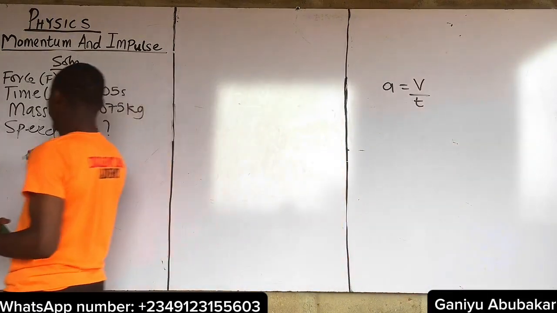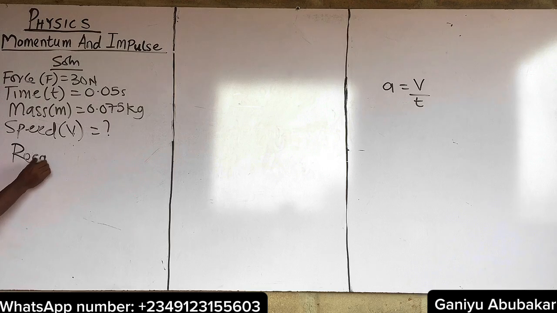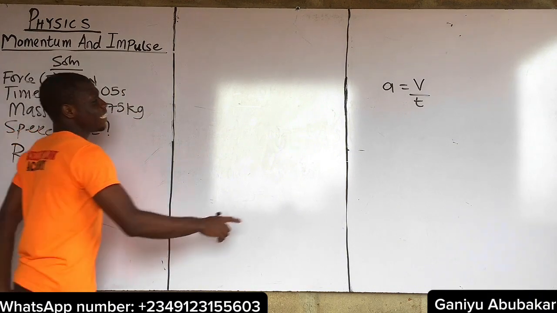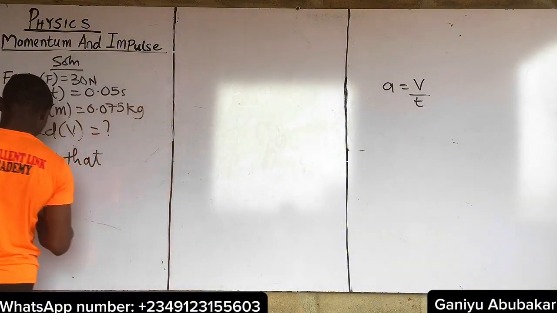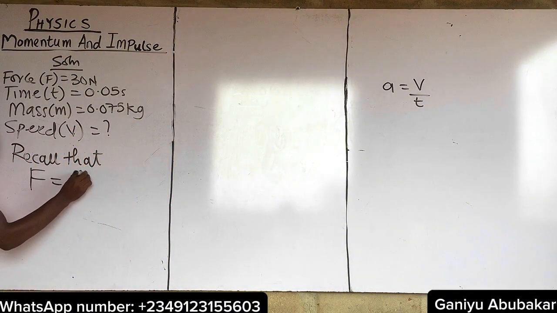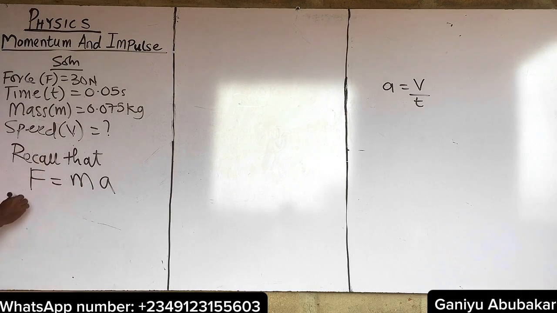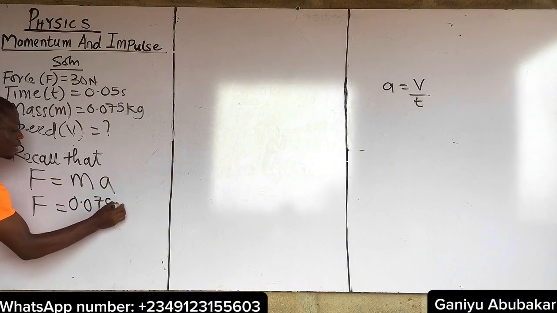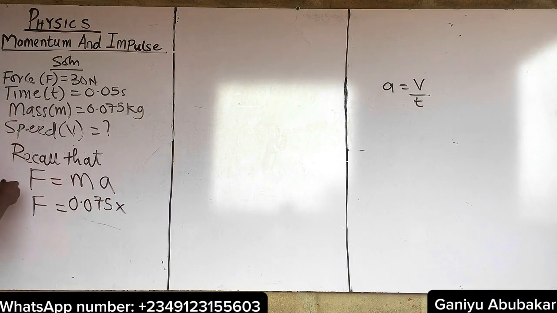But recall that to get acceleration, we know that force F is equal to mass times acceleration, true or false, from Newton's second law of motion. From here now, force is equal to what's mass? Mass is 0.075 times acceleration. Acceleration is unknown, A. So what's force? Force is given as 30.